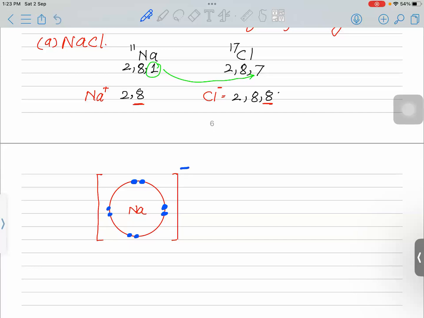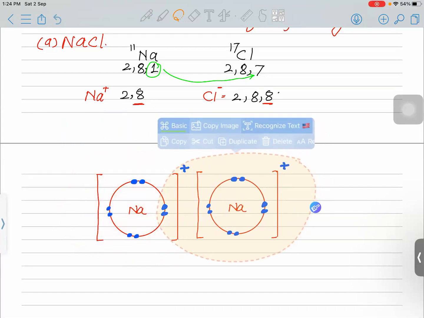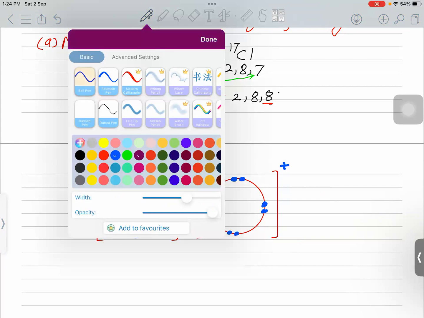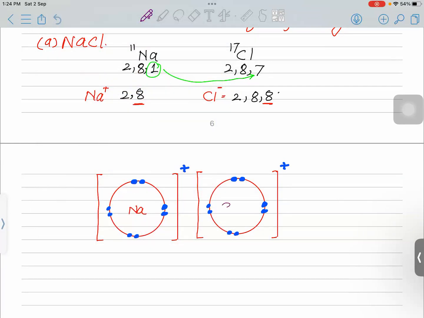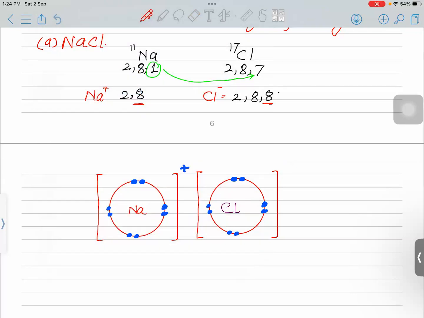We have a positive charge because it has one less electron. Now, can you tell me how many valence electrons in chlorine? Yes, 8. Correct answer, 8.